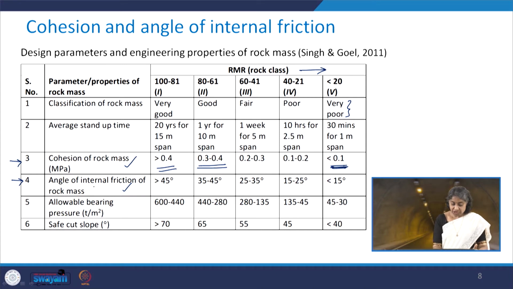Similar is the situation with reference to the angle of internal friction of the rock mass. See how this angle varies from more than 45° to less than 15° as the rock mass classification changes from very good to very poor.